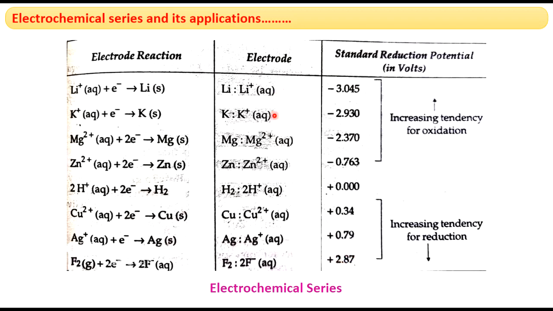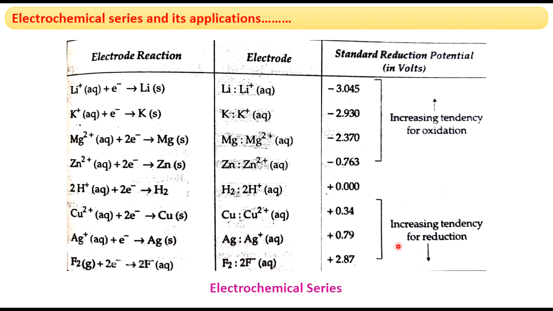For various electrodes, their SRP values are determined by combining potentiometrically with the standard hydrogen electrode, maintaining standard conditions. For the standard hydrogen electrode, the SRP value is taken as 0, and for the remaining electrodes, the SRP values are determined.